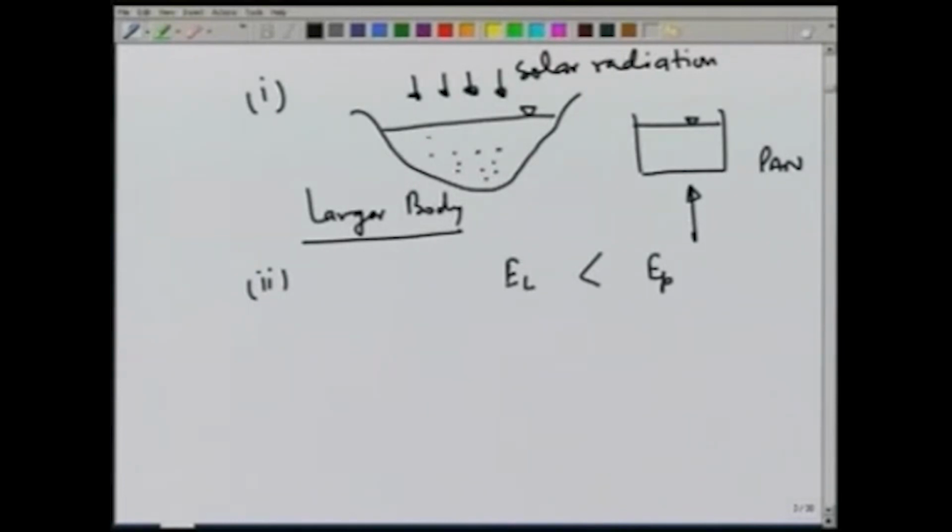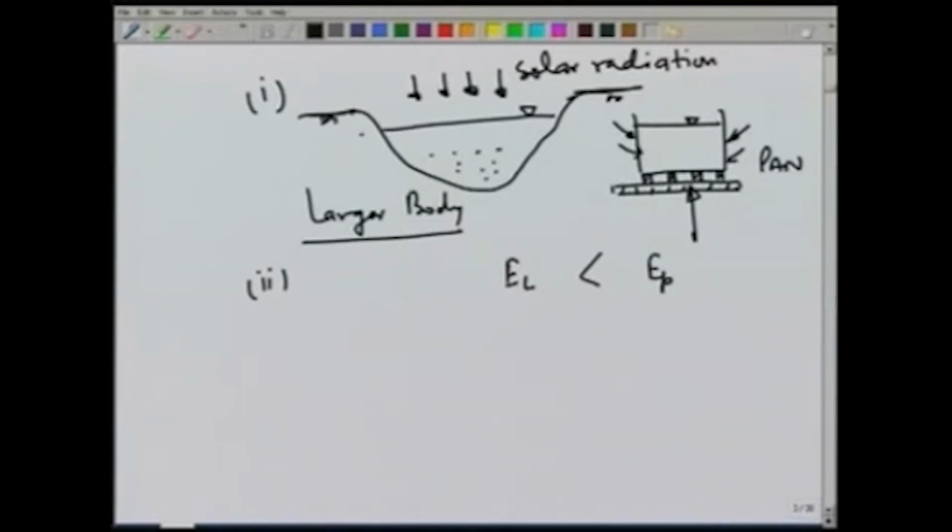Then the pan is generally on the ground surface. So, there is a wooden frame on which this pan is kept. There is heat transfer from the sides also. So, there is some solar radiation occurring from the sides and also from the bottom, while in a lake, ground surface is here.